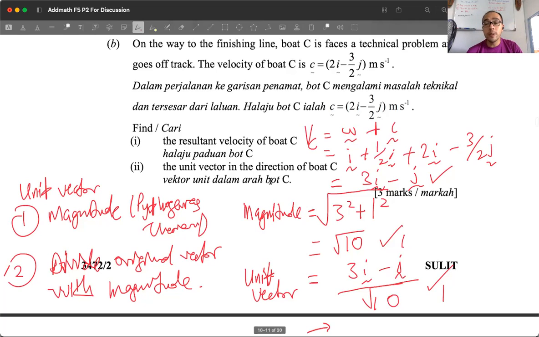So jangan terlalu kaget. Don't be too afraid of the K-BAT questions. Sometimes the K-BAT questions ask very simple calculations. The K-BAT questions usually have very simple steps. It is the question that makes it difficult.